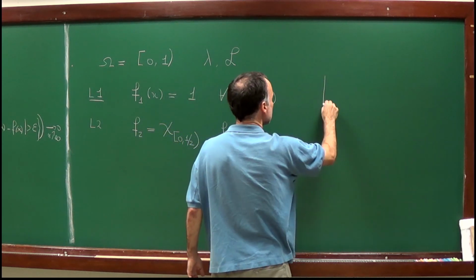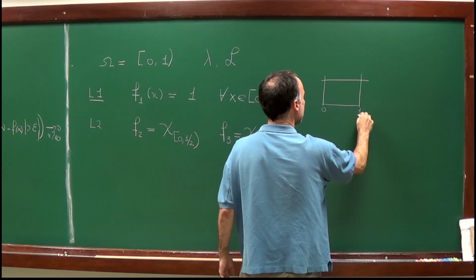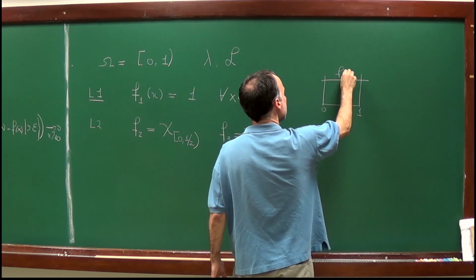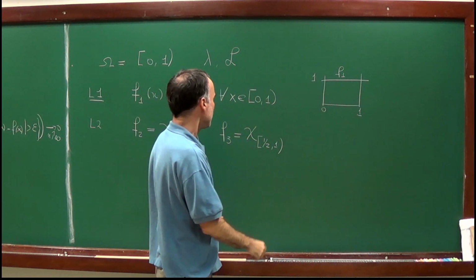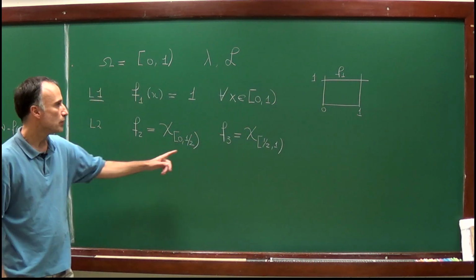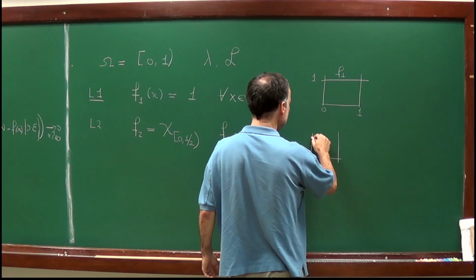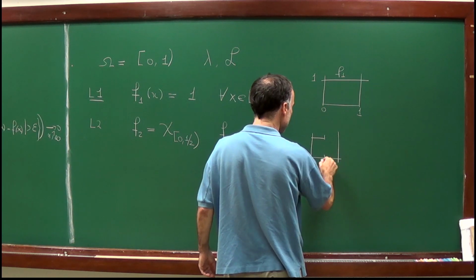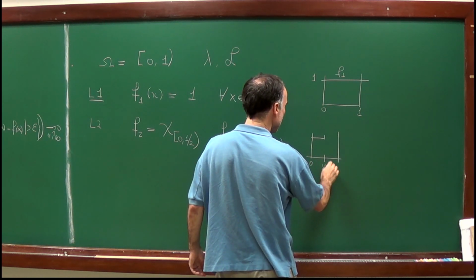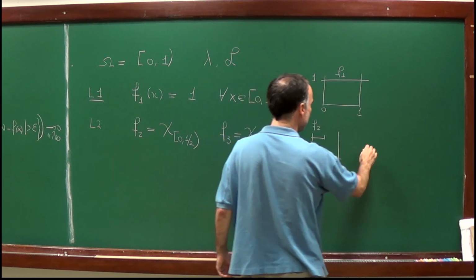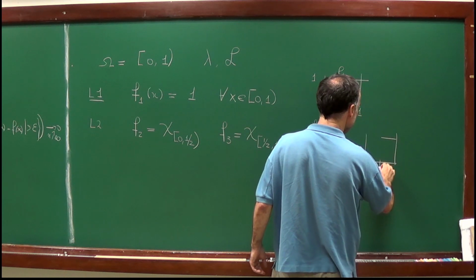So let me draw the picture. Here is the interval [0,1], and here is the function f_1, which is equal to 1 on the interval [0,1]. Now for the functions f_2 and f_3, you see that f_2 is just the indicator of the interval [0,1/2]. This is the function f_2, and the function f_3 will be the indicator of the interval [1/2,1].